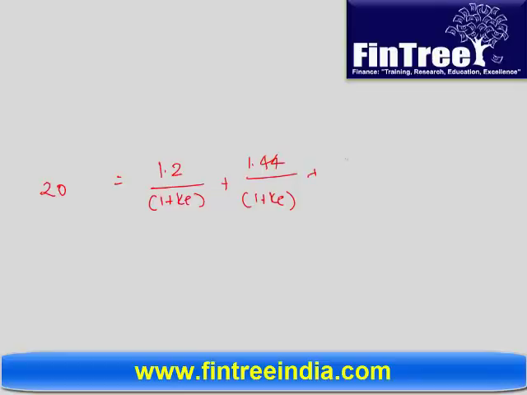1.44 into 1.2. Is it 1.728? Okay. That is 1.728 divided by (1 plus KE) plus 1 into 1.2 again. Yes, this is raised to 1, this is raised to 2, this is raised to 3.